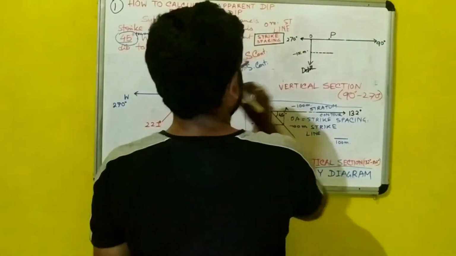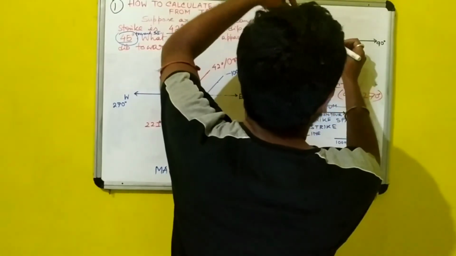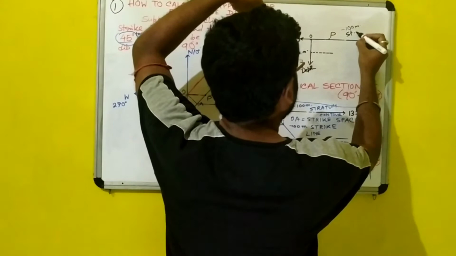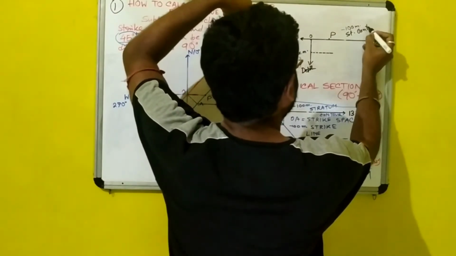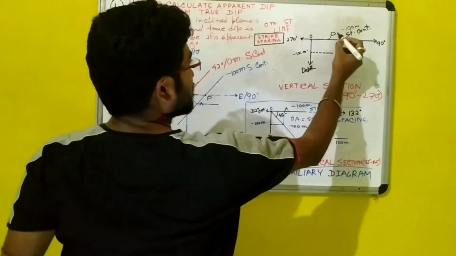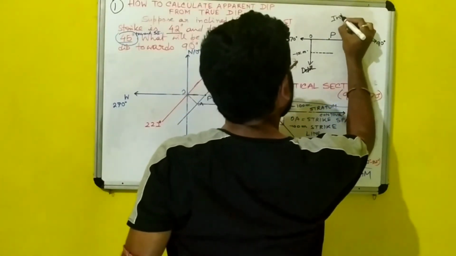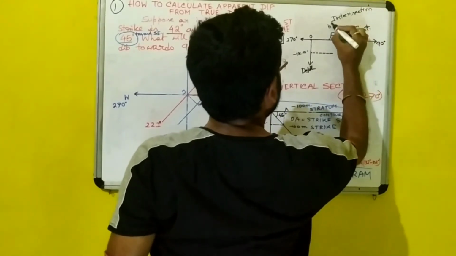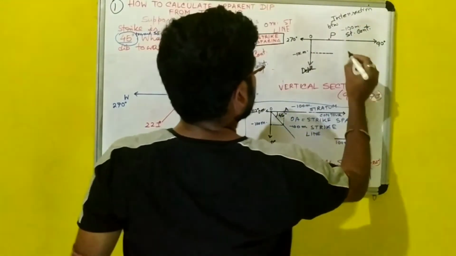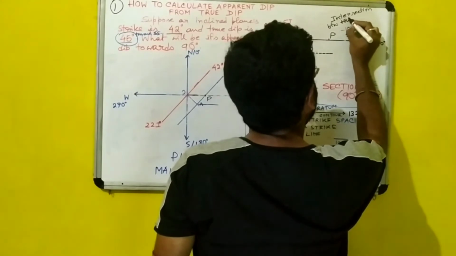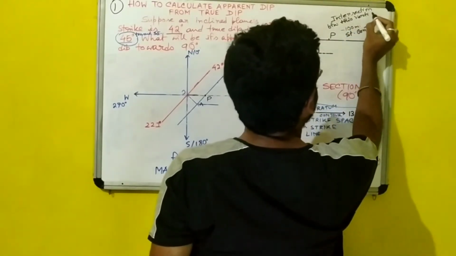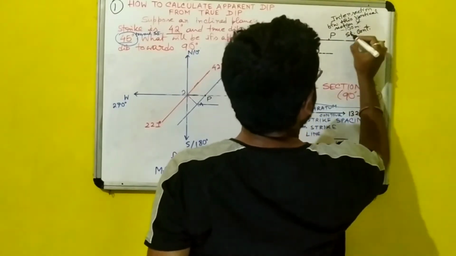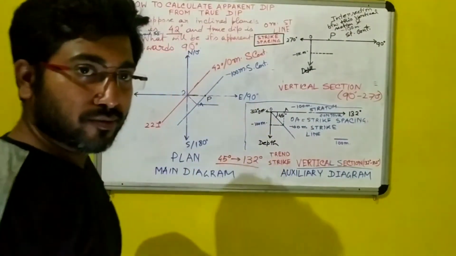So this is P, the emergence of the stratum contour, the minus 100 meter stratum contour.